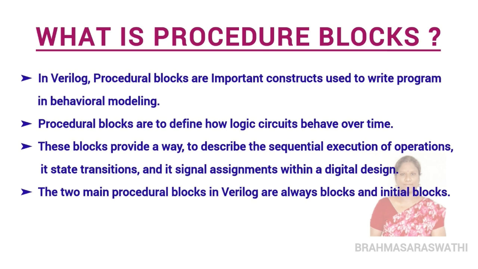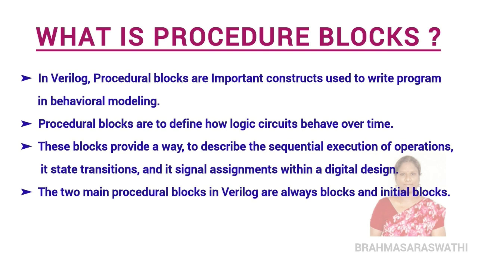The third point is these blocks provide a way to describe the sequential execution of operations, state transitions and signal assignments within a digital design. State transition means it changes from 0 to 1 and 1 to 0, and under which conditions is described using procedural blocks.